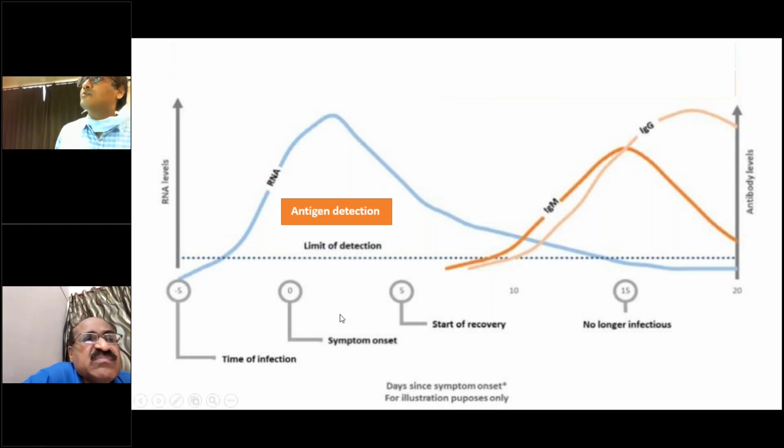After 5 to 6 days of symptoms, antibodies start to appear, and then comes the recovery phase, in which antibodies are generally formed 2 weeks after onset of symptoms.